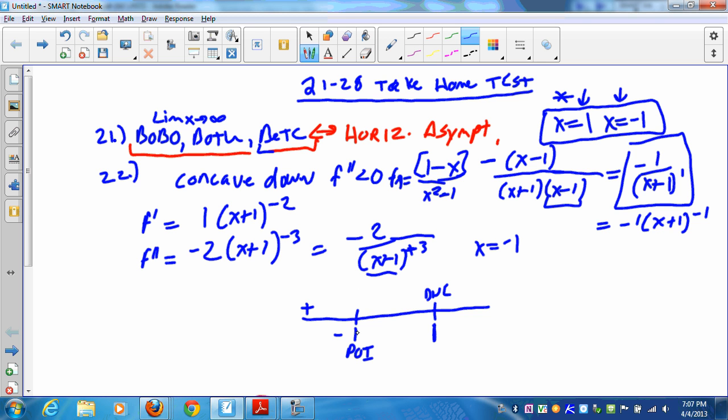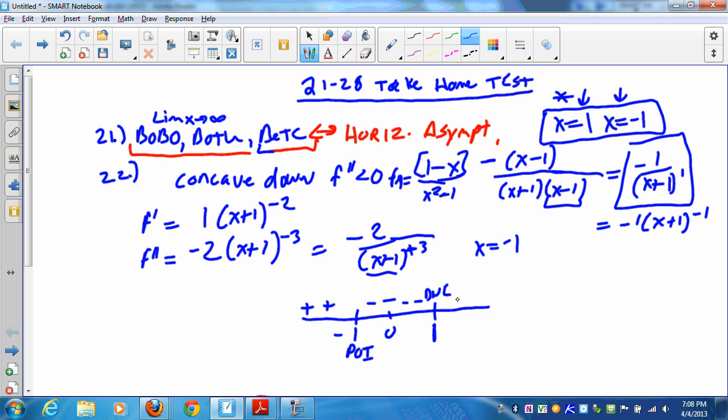And what about between negative 1 and 1? Pick 0. So at 0, the bottom is positive 1 cubed, and you have negative 2 divided by positive 1 to give you a negative. So it's concave down between negative 1 and 1.